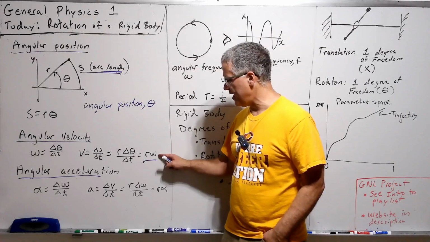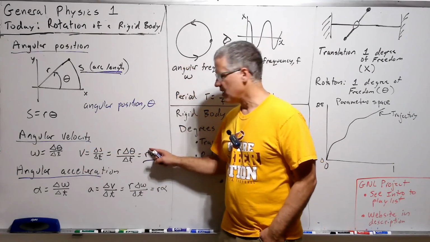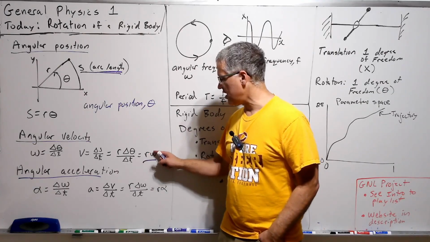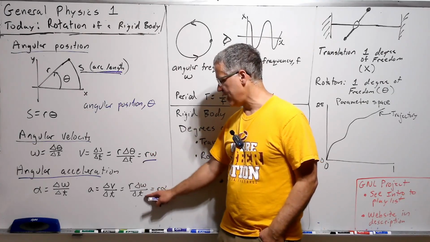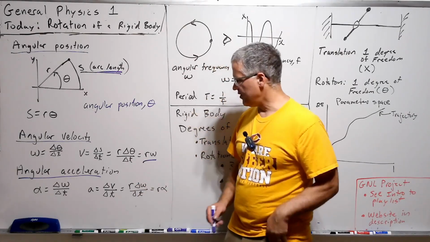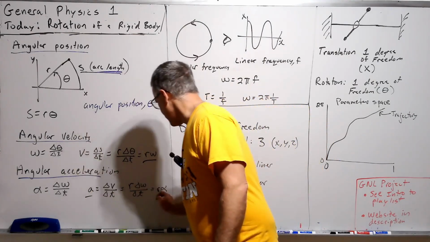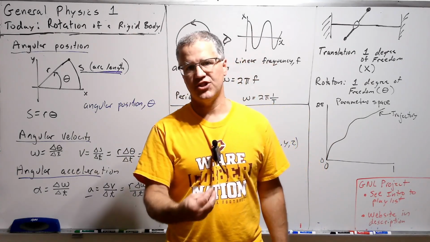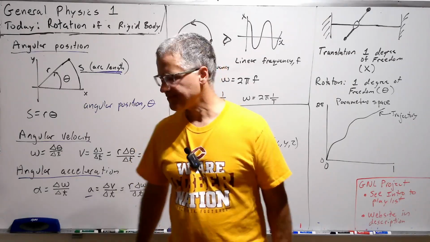That's just r omega. So for delta v, r is again a constant for this type of motion, so delta v is going to be just r delta omega. So we get r delta omega over delta t. And so that's just alpha. So the acceleration is just the angular acceleration leveraged by r.